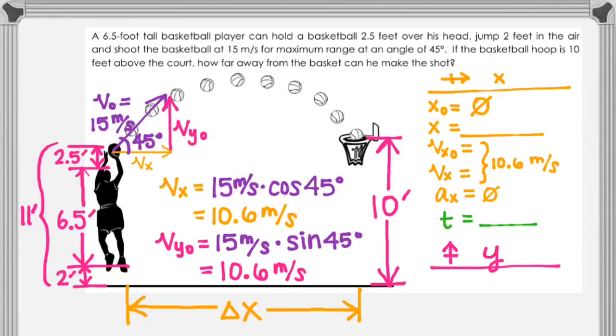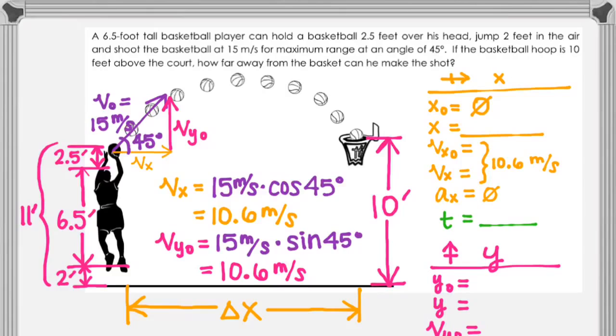I'm going to say up is positive. I'll list out my variables for the y direction as well. All right, and then I'll go ahead and fill them out. Again, I'm going to say that I'm starting at the initial position 0. That initial position 0 is 11 feet above the ground, but I'm going to convert that into meters because I'm dealing with meters per second here. So 11 feet, and there's 3.3 feet in every meter.